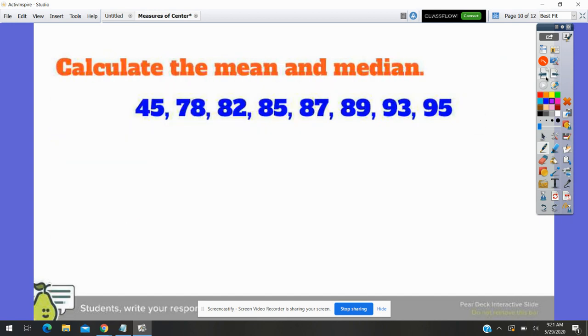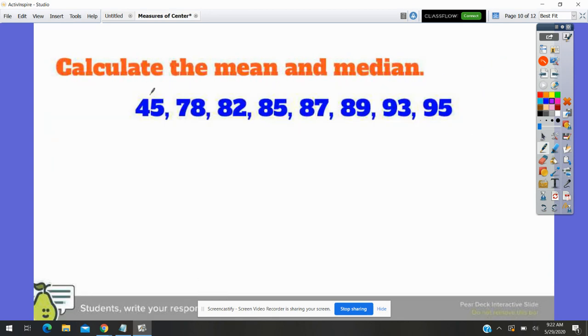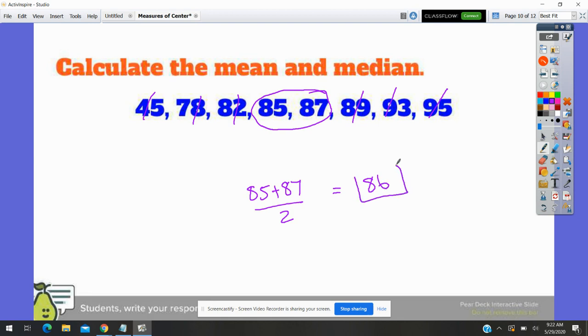And here, if you wanted to calculate the median, which is really what most people struggled with, you would slash until you find the middle. Here again, you have to take the average. So 85 plus 87 over 2 would give you 86. So that would be your median here.